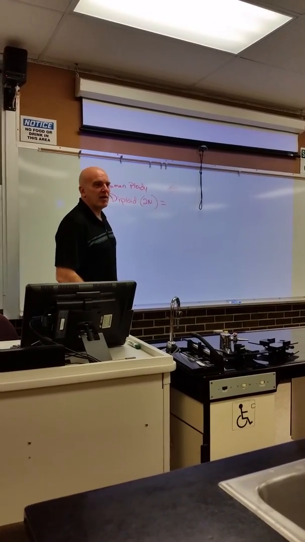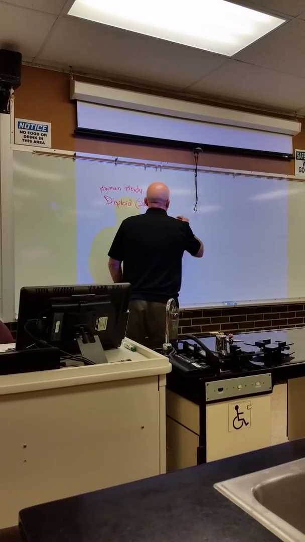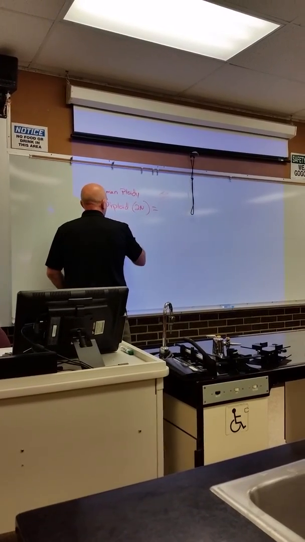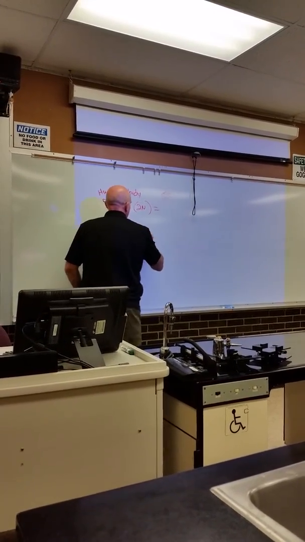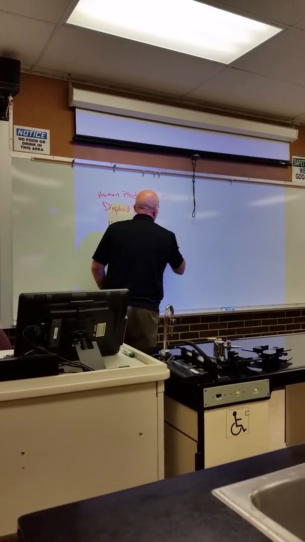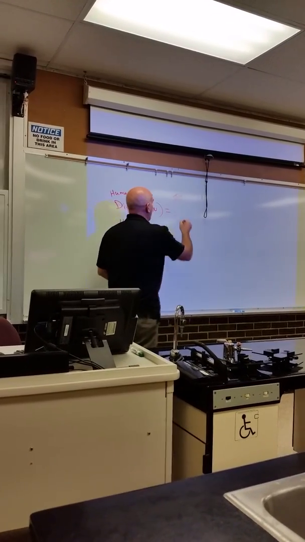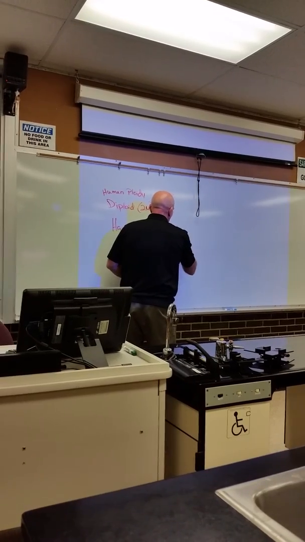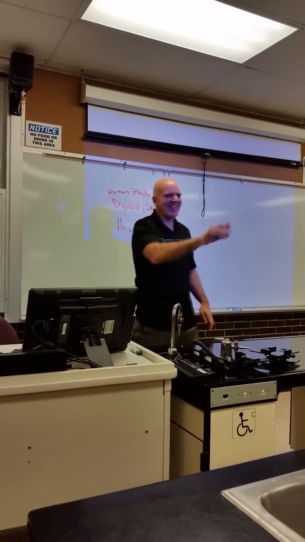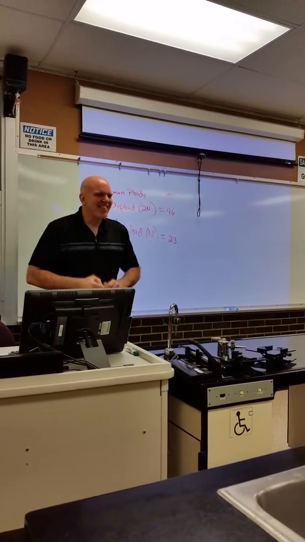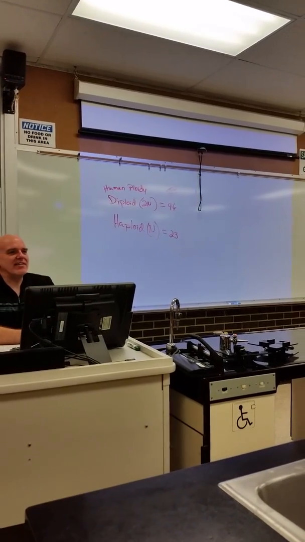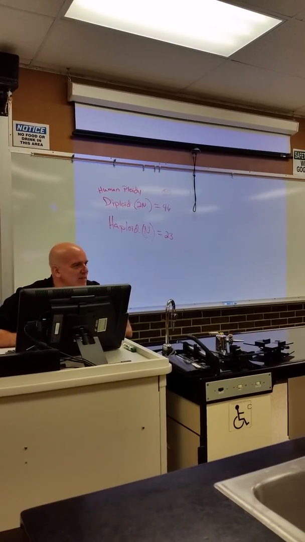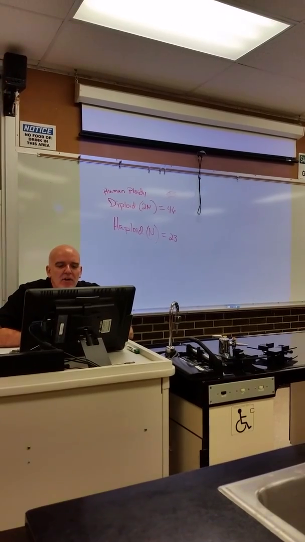Dave, what's your diploid number? 46. 46? What's your haploid number? Wrong. The rest of us are 46 and 23. You are 48 and 24. No, I'm kidding. You're 46 and 23. That's the human ploidy right there. Diploid 46, haploid 23. All right, there's only one or two questions on that.